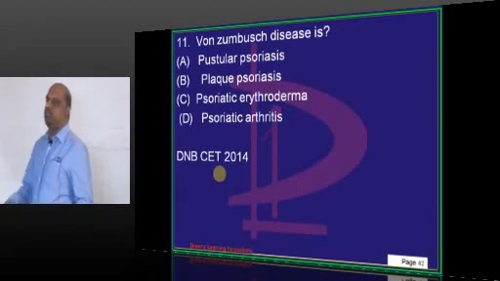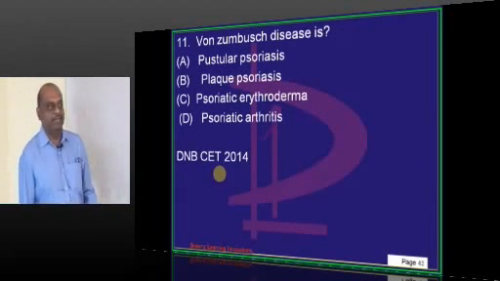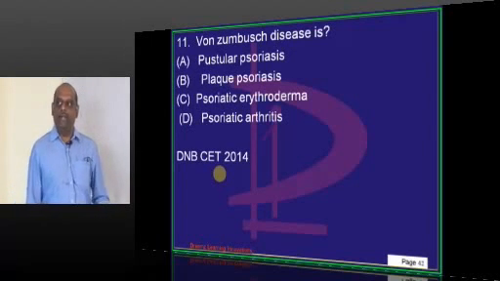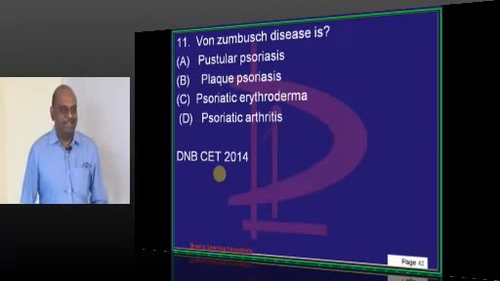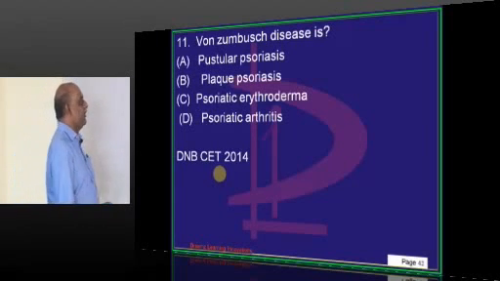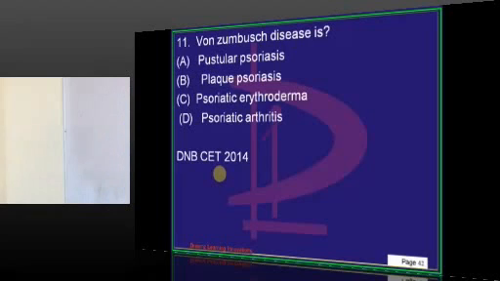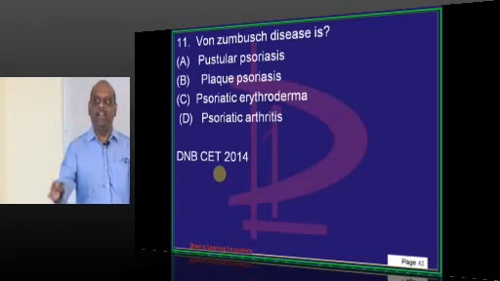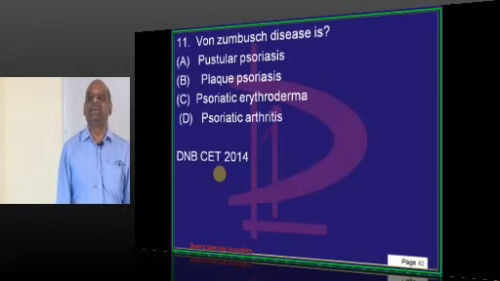What is von Zumbusch disease? So in the middle of preparation, you must also know how to read Sanskrit mantras. Huh? So von Zumbusch disease, where do you see? We will read this condition for the first time for entrance, first time in our life, and that will be the last time in our life also.